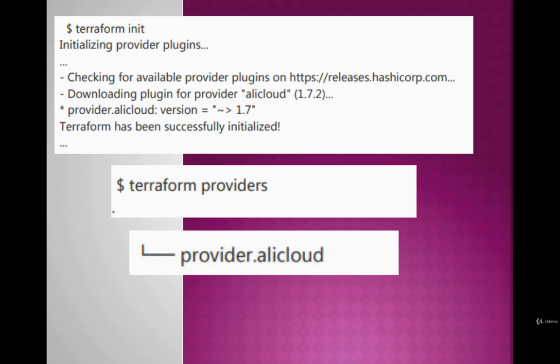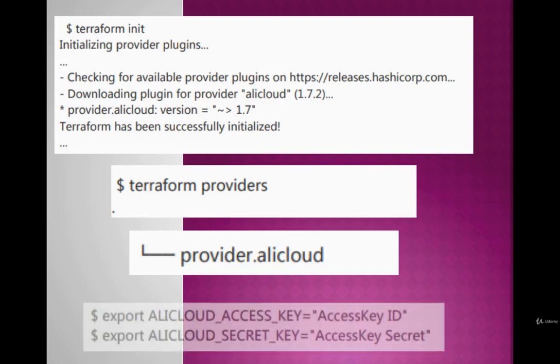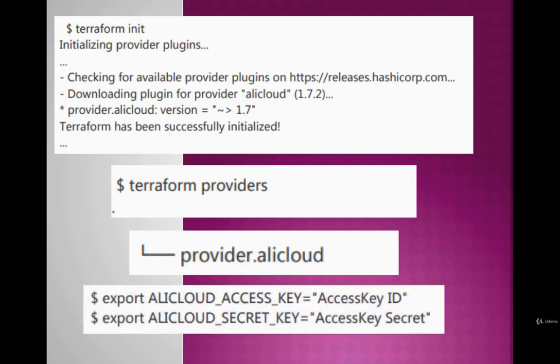Before running terraform plan, you must first pass the access key ID and access key secret for authorization. As you can see on the screen, run terraform plan to create an execution plan and help you understand the resources that will be created or changed.